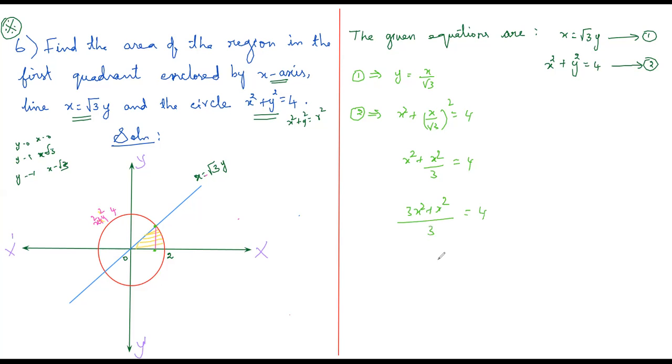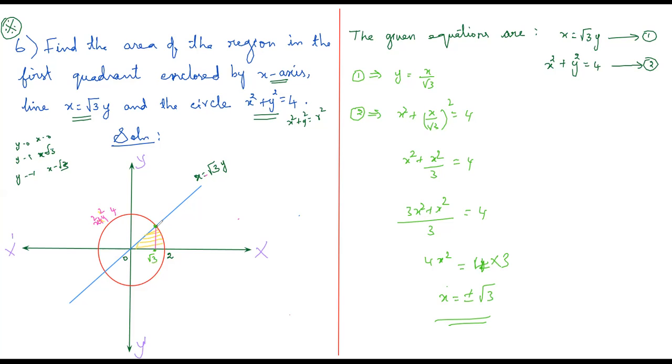So it is 4x square by 3. You can take the 3 to that side: 4x square is equal to 12. 4 and 4 get cancelled. x square is equal to 3, so x is equal to plus or minus root 3. It's in the positive x-axis, so it is root 3.